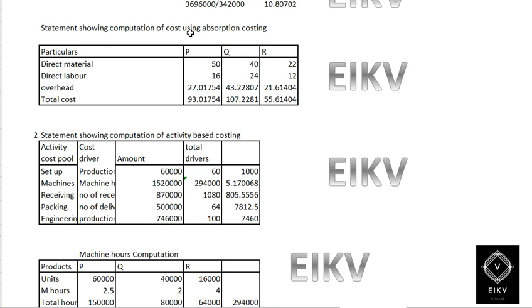Now, the statement showing computation of cost using absorption costing. First of all, direct material as given in the question: 15, 14, 22. Direct labor as 16, 24 and 17.